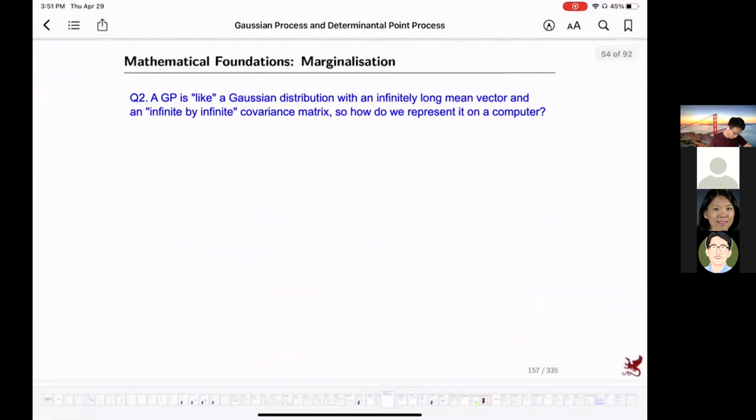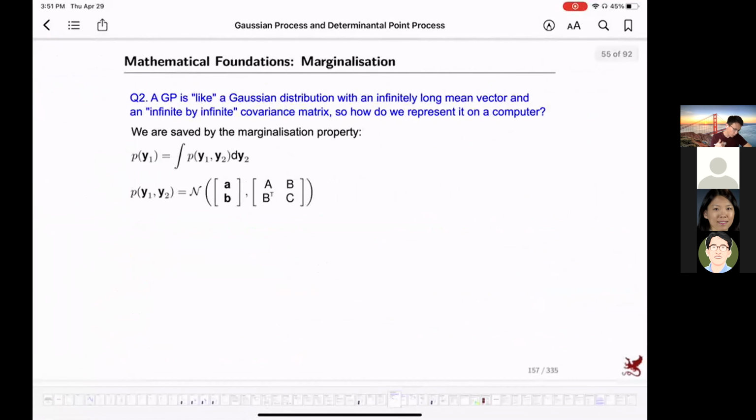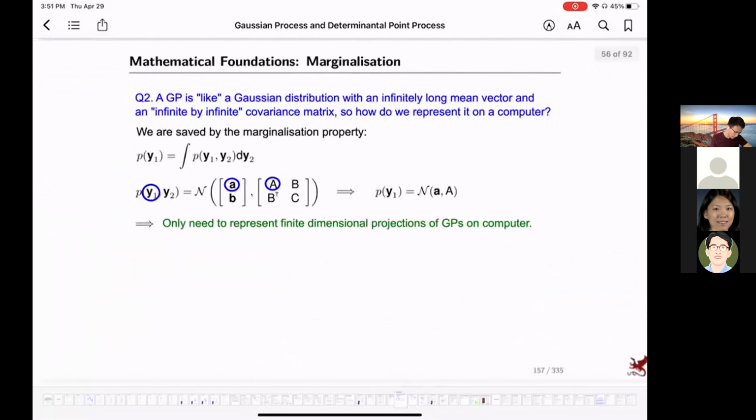For this kind of thing, we actually need a good property of Gaussian, because if it is not Gaussian, then this kind of integration can be very hard. But because we assumed all these infinitely many things are jointly Gaussian, this integration actually becomes super easy.